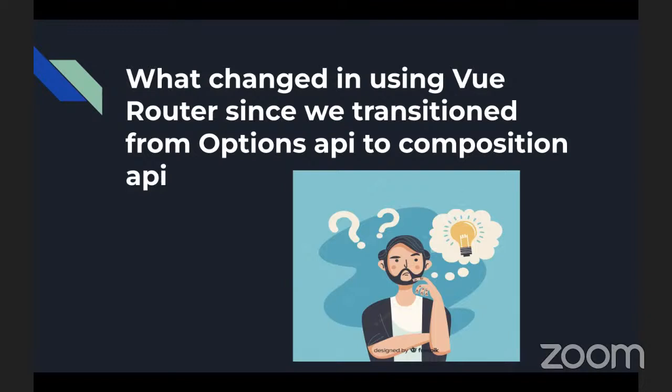Even the Vue.js website recommends that you use the composition API over the options API to give you more benefits and also solve the limitations that were encountered in the previous build of the options API. But you can even use the two together. You can use the options API and the composition API together in one template. It doesn't hurt, it has no problem, but I would advise you not to do that.